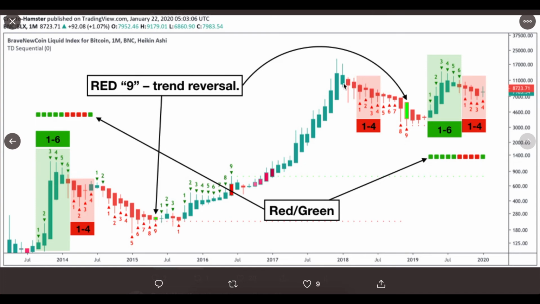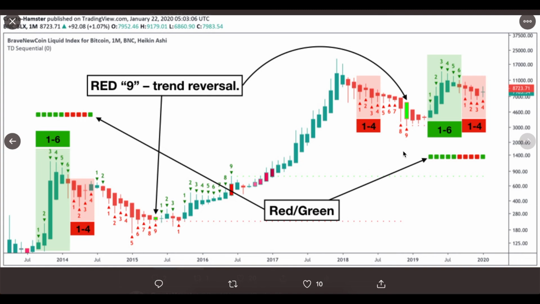Also, you may compare it with 2018. It's pretty similar, but we looked at that in the previous setup, and, well, you can find some similarities again here. But another thing which I wanted to point out for this particular setup is that you'd have the reversal red 9 at the very bottom of the bear market, like this bear market and this bear market, twice.